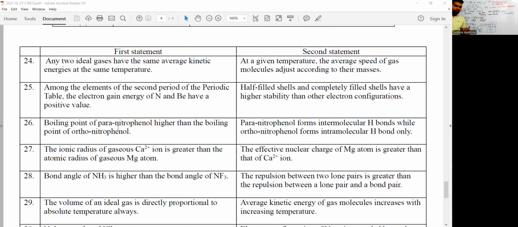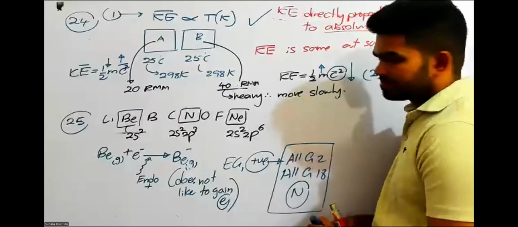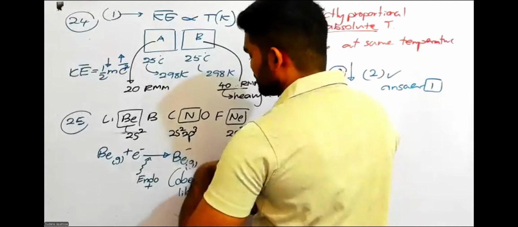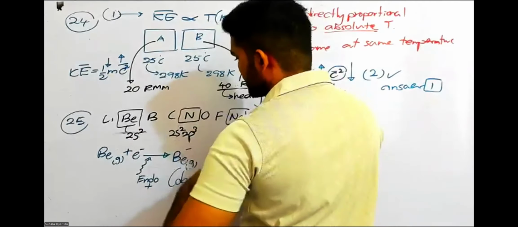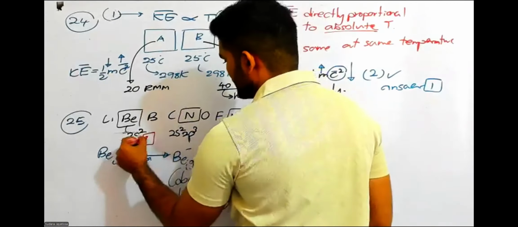And before going to the second statement, why is the reason? The reason is the configuration, right? They have stable configurations. The second statement is telling that configuration. So you can say the second statement is also correct. Half filled and completely filled shells have higher stability. That is correct for beryllium and nitrogen. Beryllium, if you draw this, 2s2, that shell is fully completed.